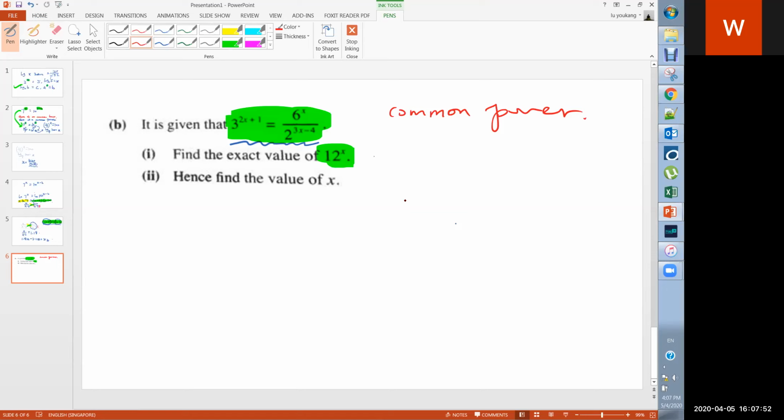How do I share? Have you copied down this question? Yeah, copied. Okay, good. Because I want to get your email question onto this computer also.